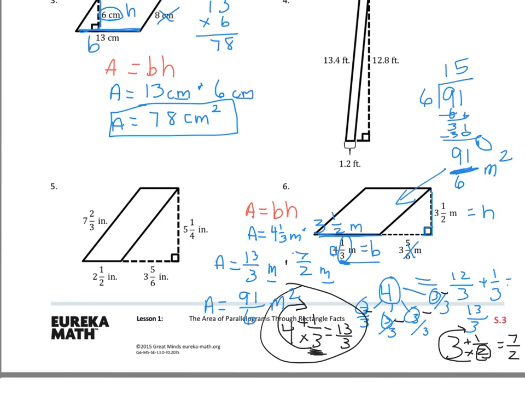I'm going to take my remainder and make that remainder my numerator. And since I'm dividing by 6 here, I'm going to stay with 6. So it's 15 1/6. So my real area is 91/6 meters squared, or 15 1/6 meters squared.